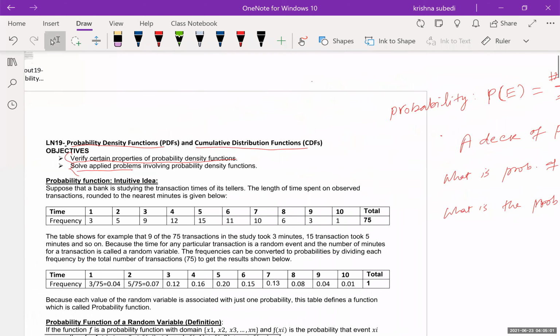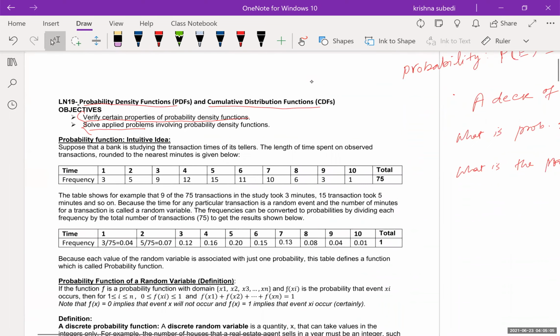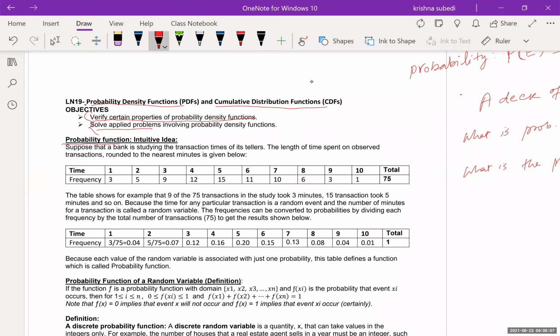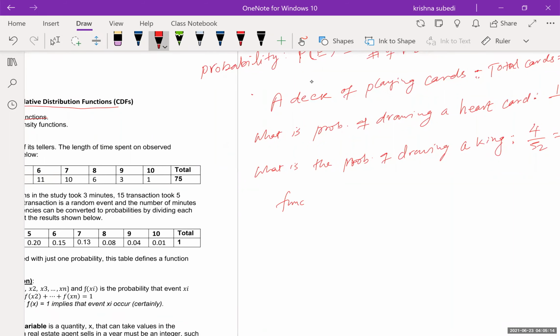Now, let's talk about probability function. And you also know what a function means. Suppose y equals x squared. We can consider this as a function, right?